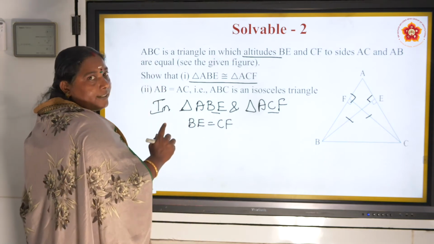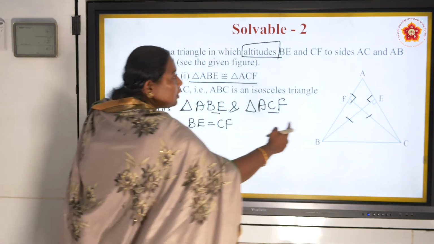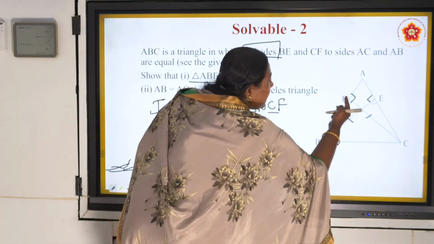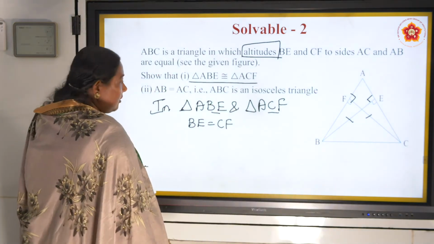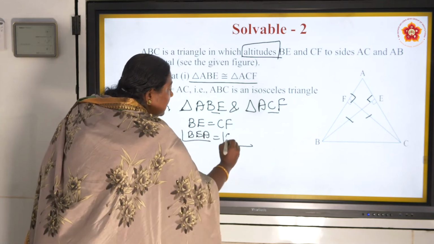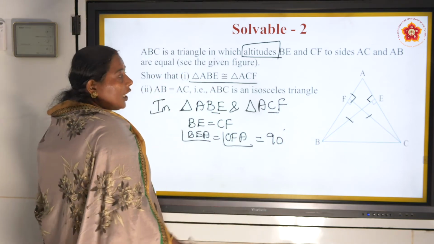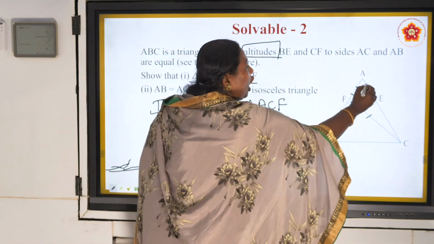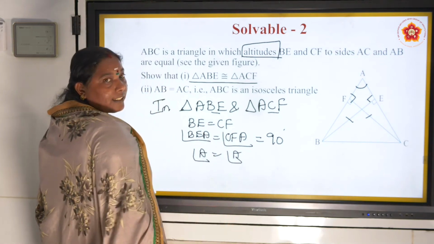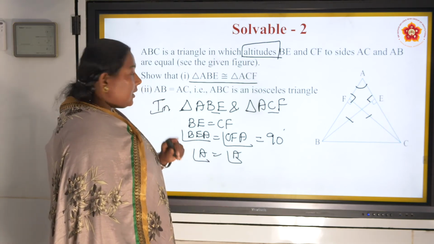And with the word altitude, they have given an angle also. That means angle BEA is equal to angle CFA, which is equal to 90 degrees. In both triangles, I have a common angle, angle A. So on what basis do I say both triangles are congruent?